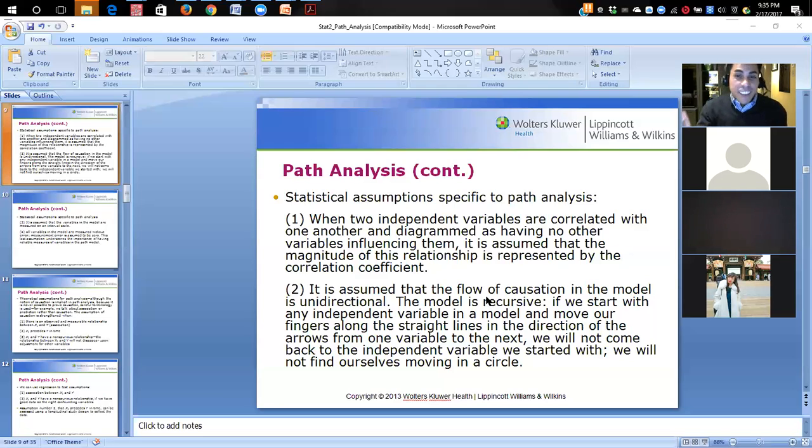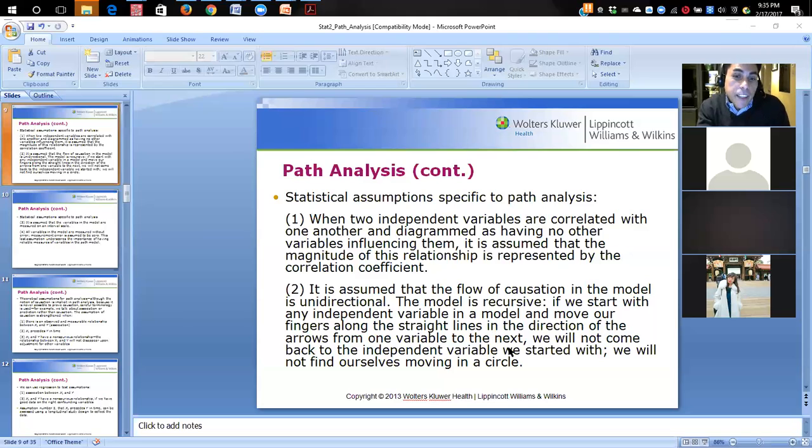The model is called a recursive model, but the way recursive modeling is defined by path analysis is that when we move our fingers along the straight lines in the direction of the arrows from one variable to the next, we will not come back to the independent variable we started with.